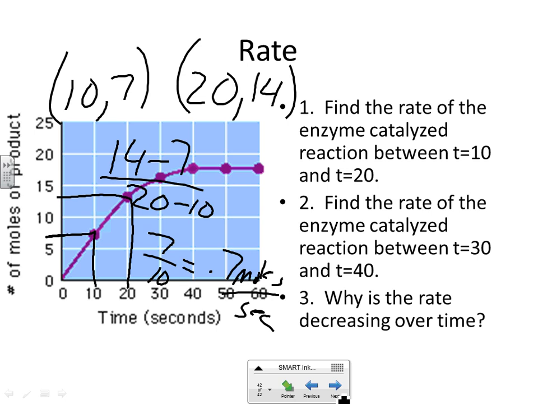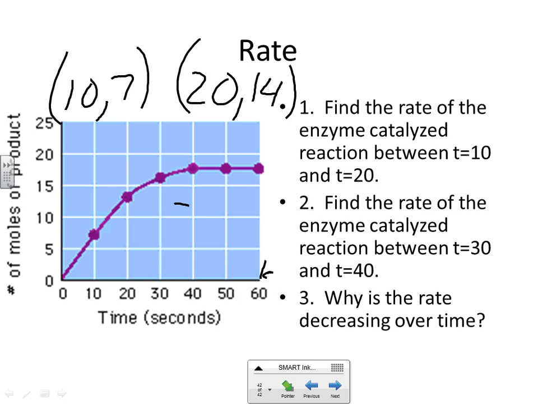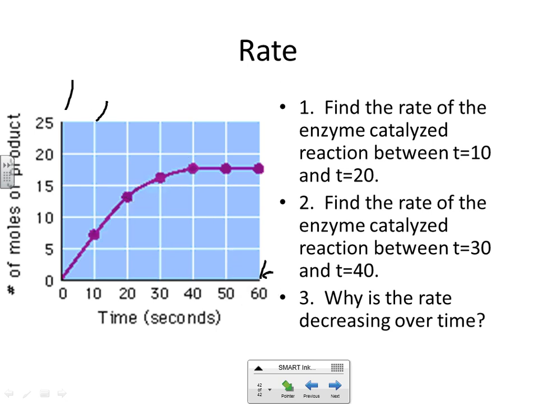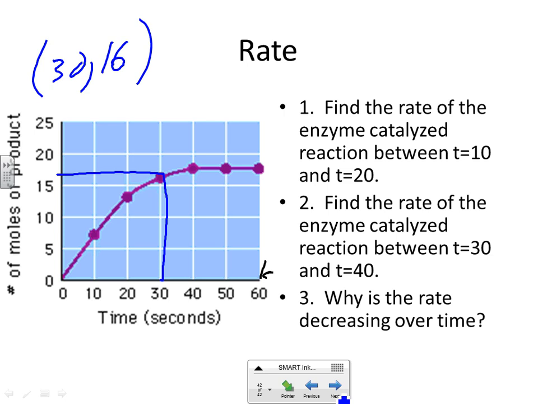And then the other part of this, let's go ahead and find the rate between 30 and 40. So at 30, we're at maybe 16 or 17? Like 16, okay. And at 40, we're at probably more like 18-ish.